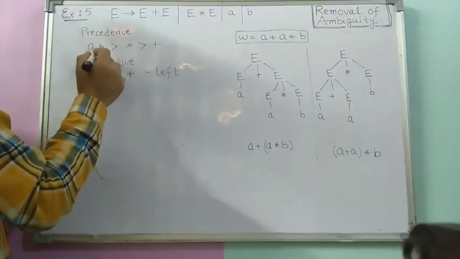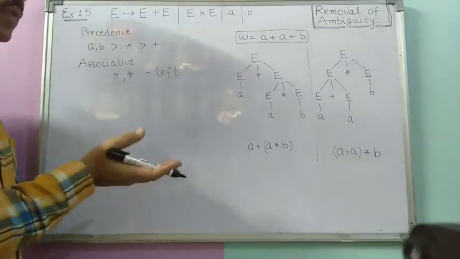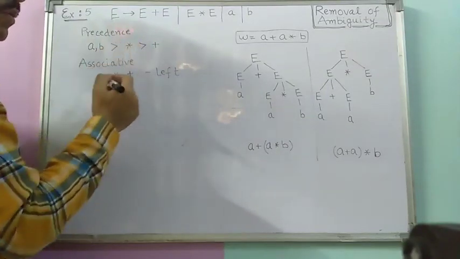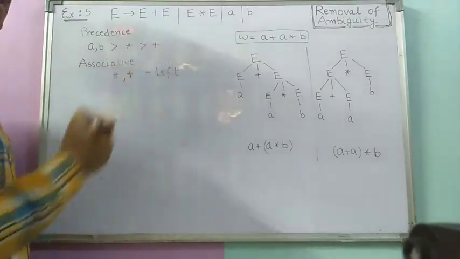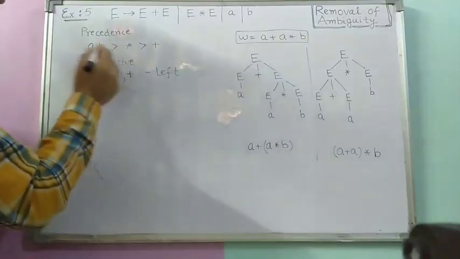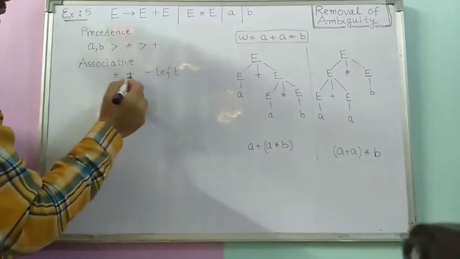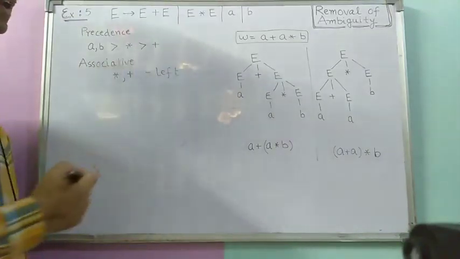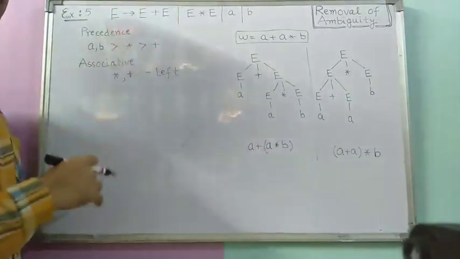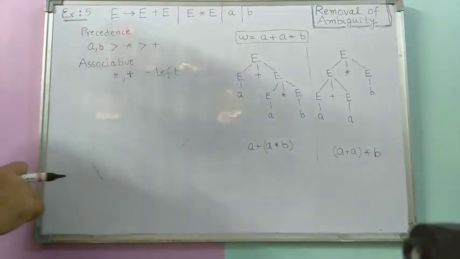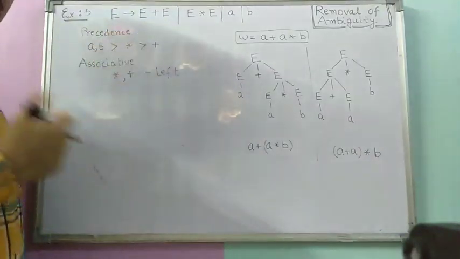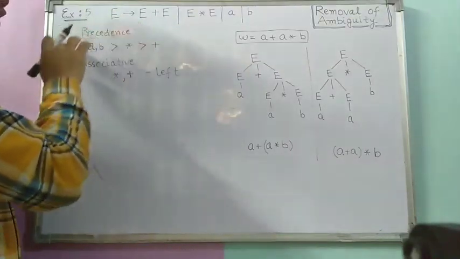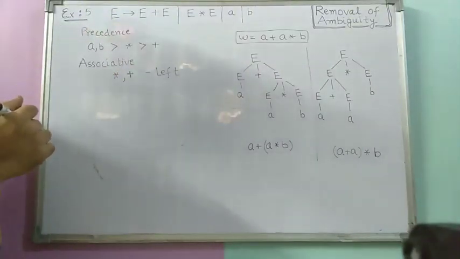Operands A and B will be evaluated first, then among the operators star will be evaluated first, and then plus. And both plus and asterisk have left associativity. So we have to modify our grammar accordingly. The associativity problem we know how to solve. Now we have to look at how we can remove the precedence problem.